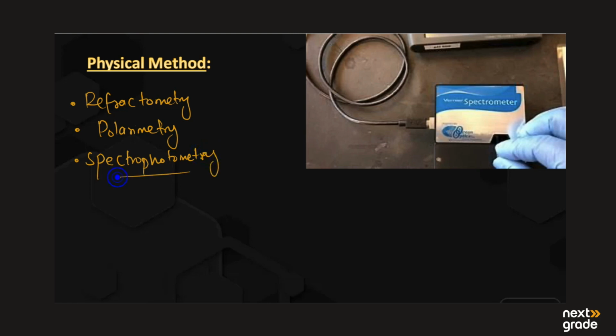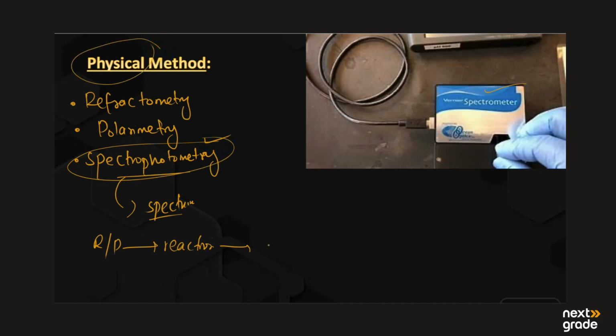So in spectrometry, basically we have the formation of a spectrum, as in this picture, this is the spectrometer. We have to withdraw the reactants and products from the reaction mixture and put them through the spectrometer, as this is the physical method, and we can find whether the reaction is at equilibrium state, or whether it is moving in the forward reaction, or in the reverse reaction.